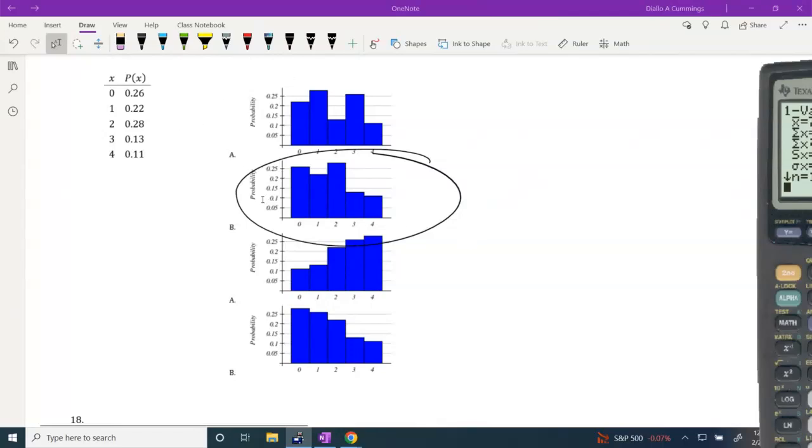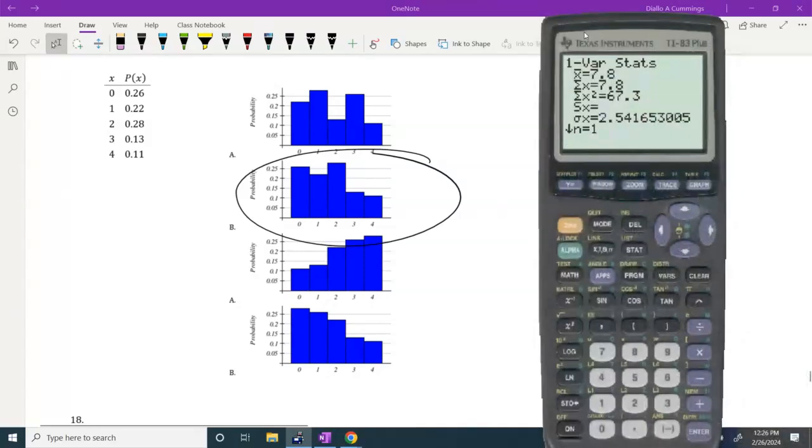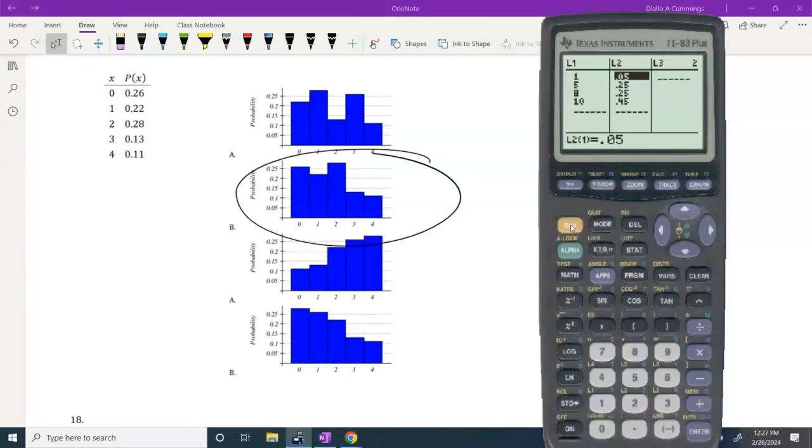Well, this one is just choose a graph. The calculator won't actually. I guess it could. Let's see. If I go back to my home screen, if I go into stat plot, I have to turn it on. I could go to this with this 1 and this 2, and I think I have to hit zoom stats.